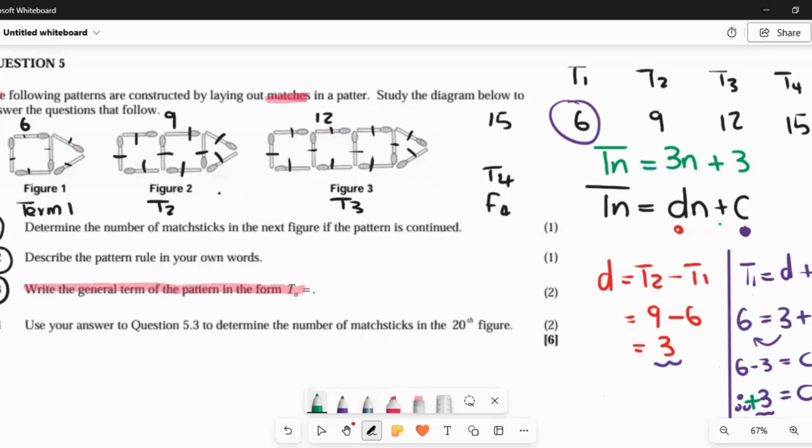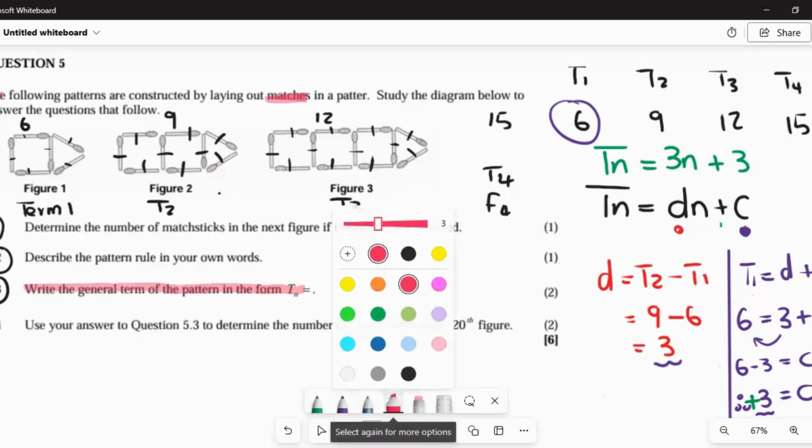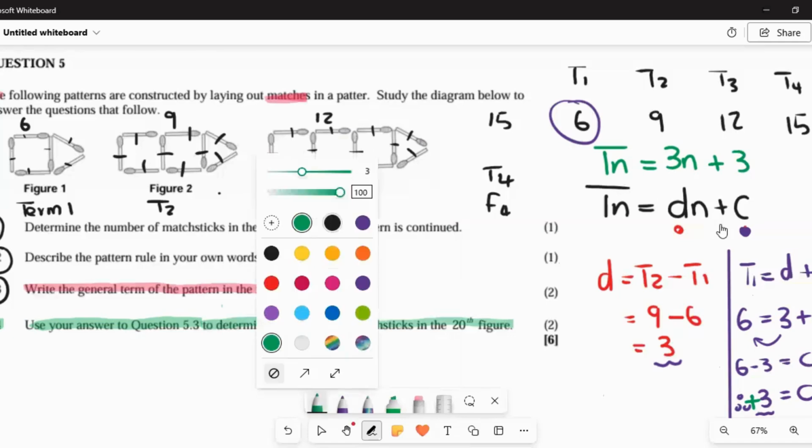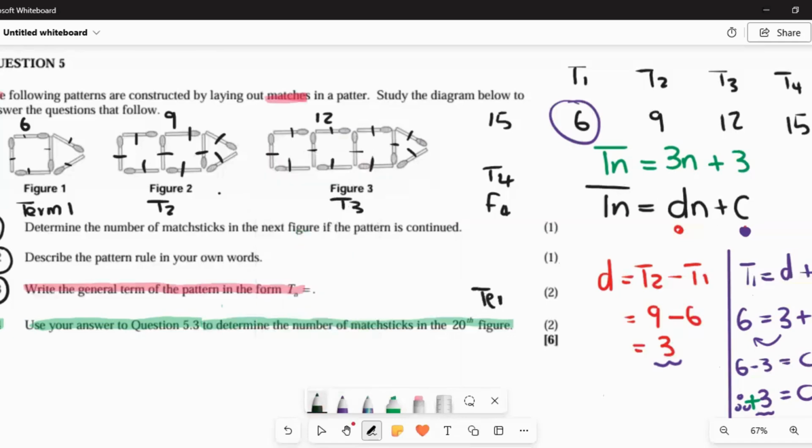And then question 5.4. Question 5.4, they're saying use your answer to question 5.3 to determine the number of match sticks in the 20th figure. So sometimes for your more understanding, instead of saying 20th figure, you can say the 20th term.